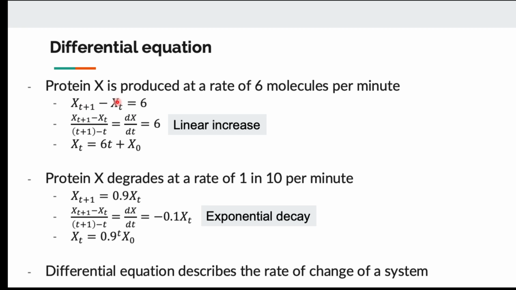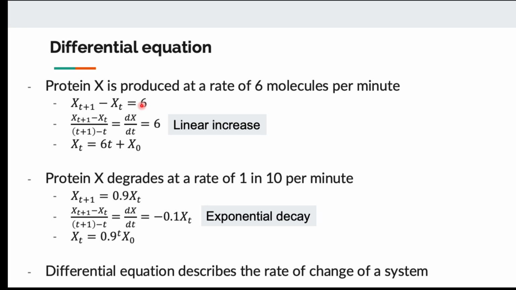So if we want to write this as an equation, when we say it's produced at a rate of 6 molecules per minute, that means that if you use x here to represent the number of molecules for protein X, and the subscript t is the time, then the number of protein molecules in the next minute, t plus 1, subtracted by the number of protein currently at t minute has to be 6, because this is the production rate for the protein.